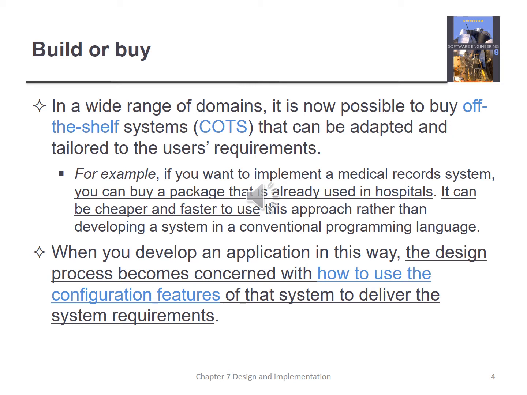the system requirements. What do I mean by this? I mean, when you buy something already designed, I believe you have to fit your requirements to that design. Because for sure, it's not going to be designed the way you would do it, like 100%. So it is compatible, but not fully compatible.